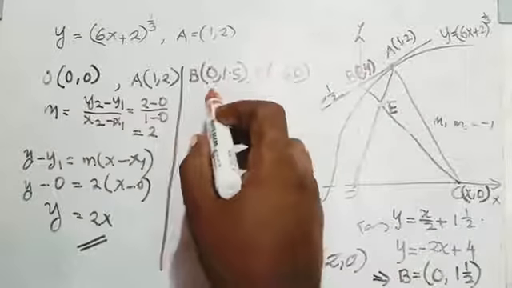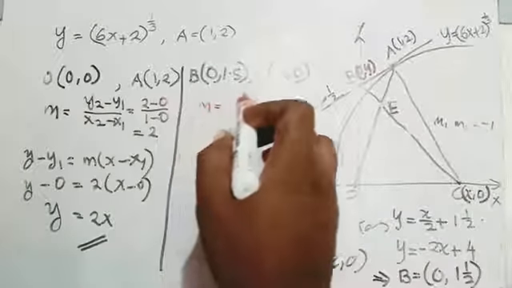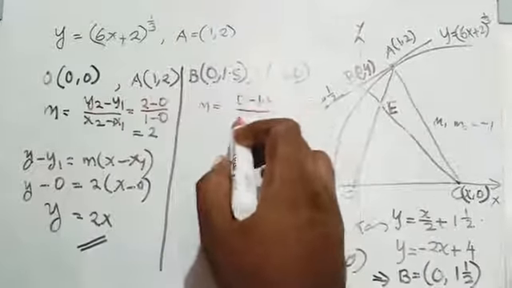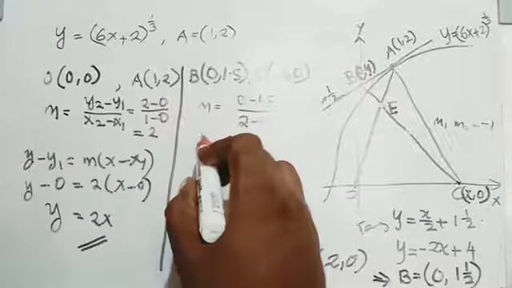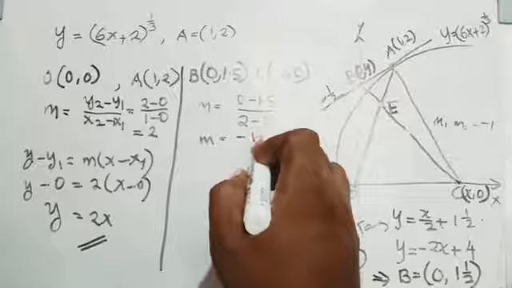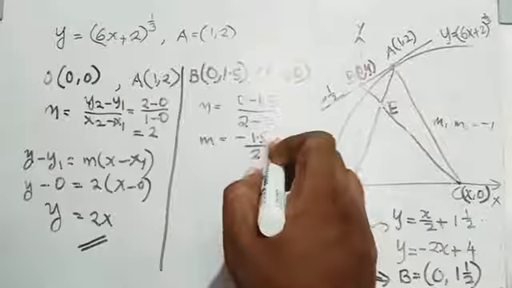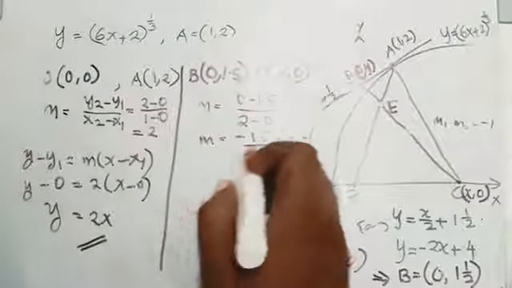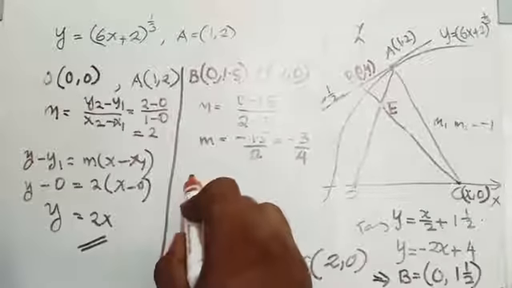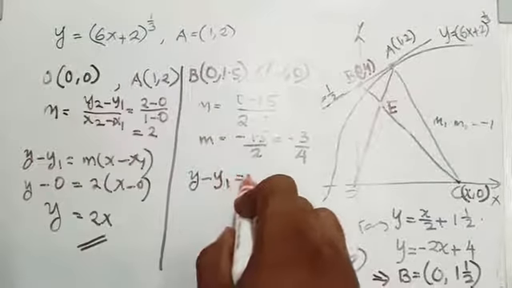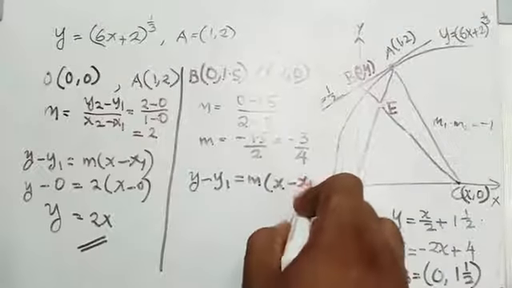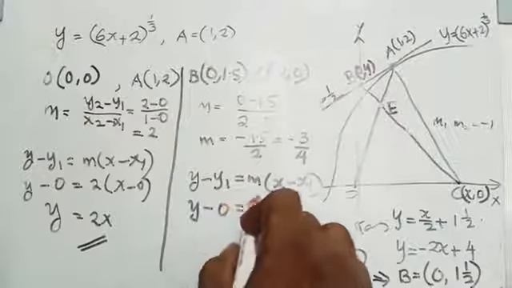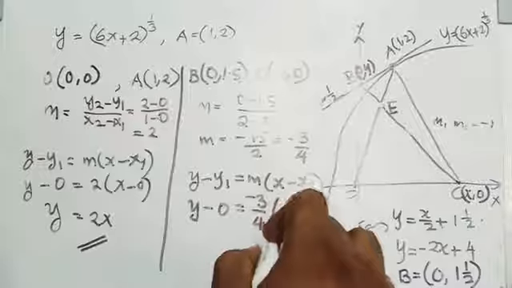And when we consider the next line BC, m is y2 minus y1, that is 0 minus 1.5 by 2 minus 0, that is minus 1.5 divided by 2, which is minus 3 by 4. So y minus y1 is equal to m of (x minus x1), that is y minus 0 is equal to minus 3 by 4 of (x minus 2).